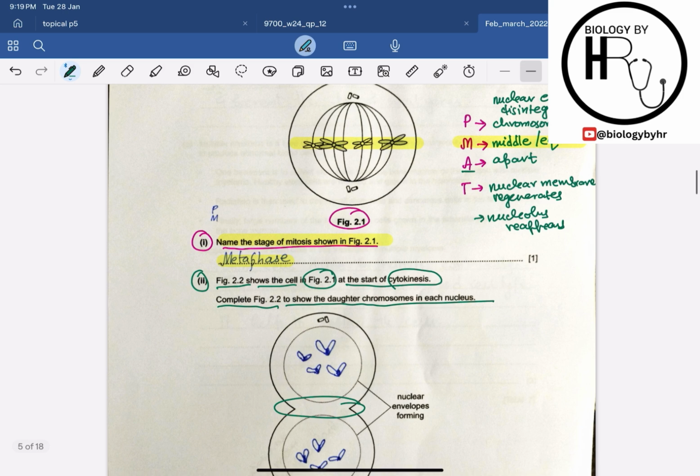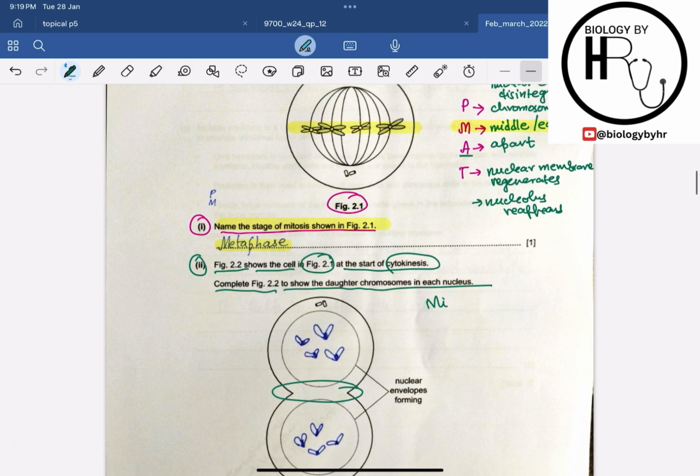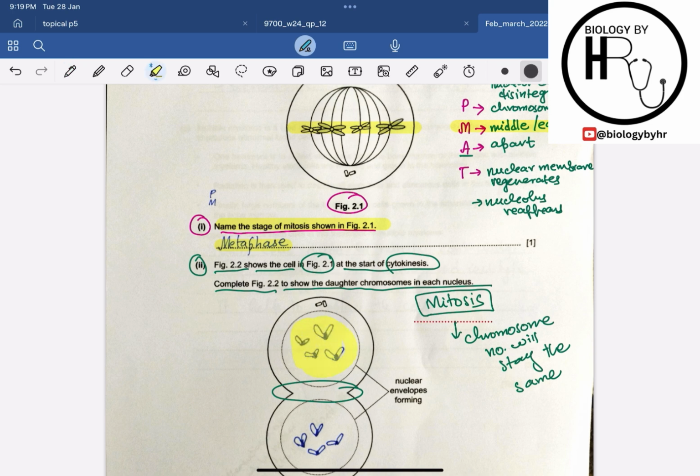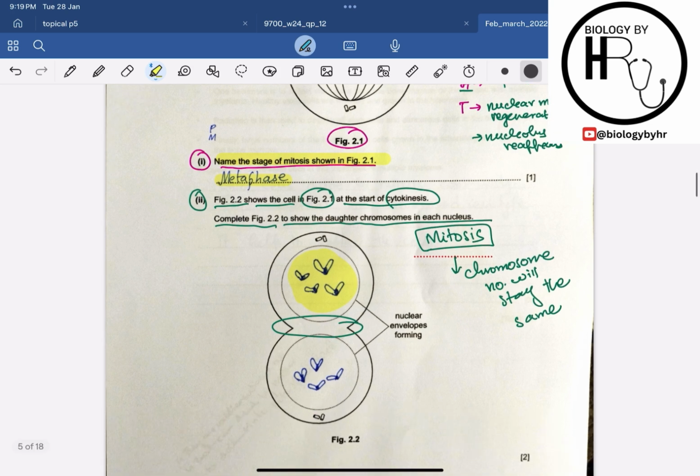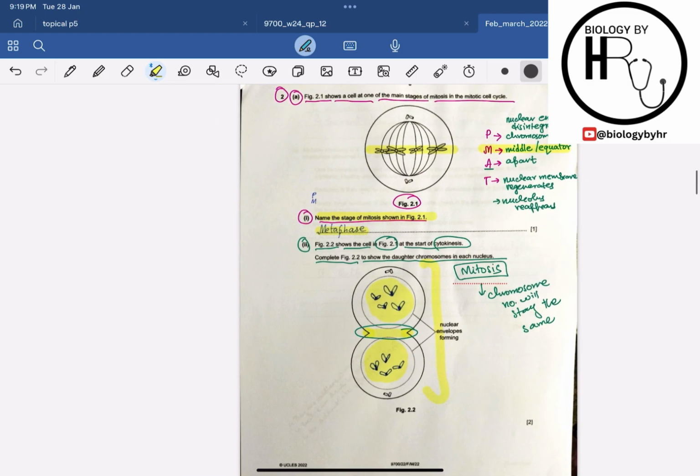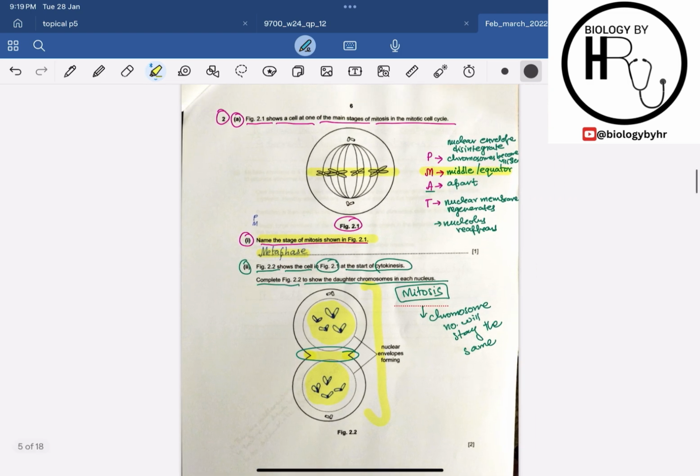As the cell division type is the mitosis, the chromosome number will stay the same. So in this question we are simply going to draw 4 chromosomes in one cell and 4 chromosomes in the other part of the cell. Eventually the two opposite membranes will fuse together and 2 separate cells will be formed. I hope that this page is clear to all of you.